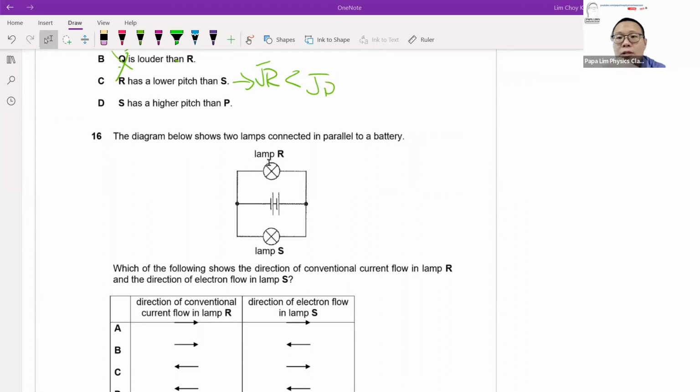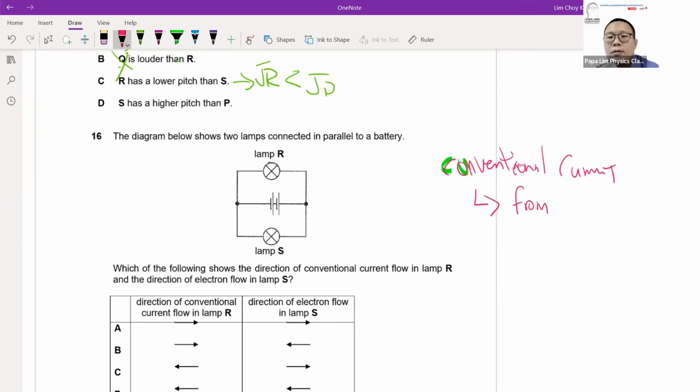Now, take note of conventional current. Conventional current is always from the positive terminal of the battery to the negative terminal of the battery.